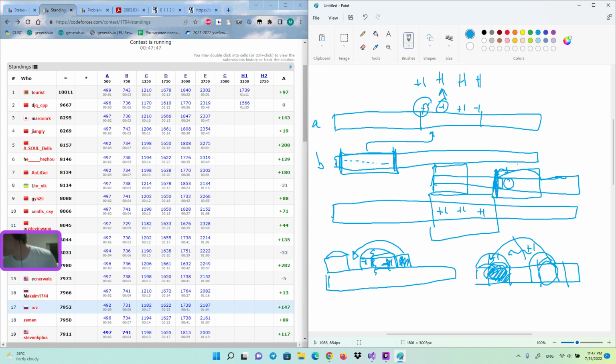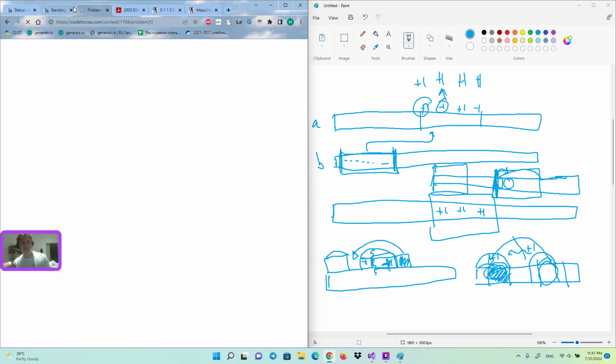So again, the problem is we have two arrays. We can check whether the first is the subset of the second if we can add plus ones in some places. Only once.